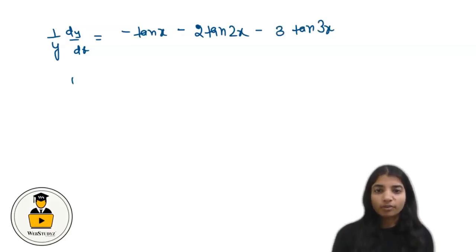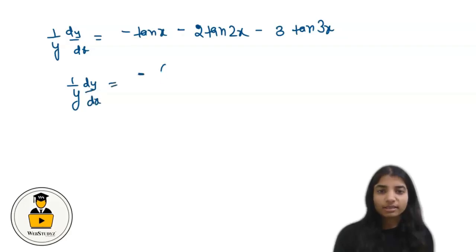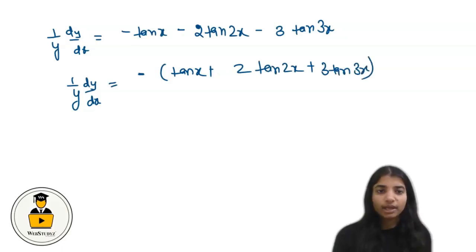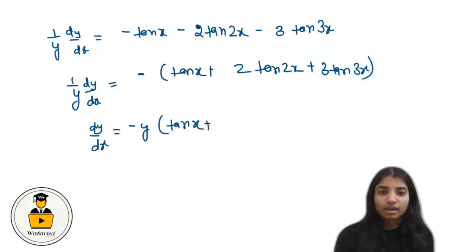Taking minus common, we can write this as 1 divided by y, dy/dx is equal to minus tangent x plus 2 tangent 2x plus 3 tangent 3x. We have to find the value of dy/dx. So dy/dx is equal to minus y multiplied by tangent x plus 2 tangent 2x plus 3 tangent 3x.